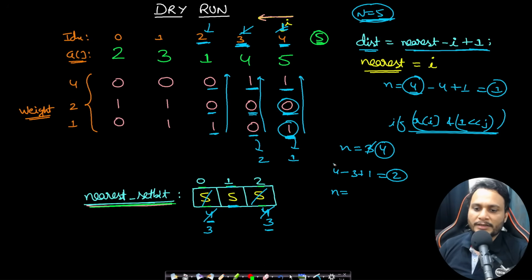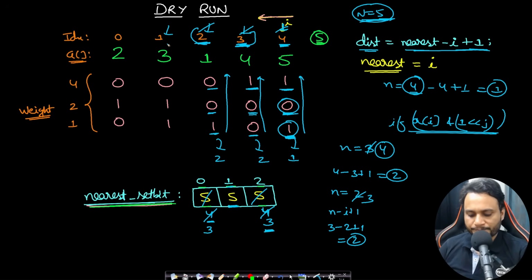So the nearest index that was assigned to 2 now will be assigned to 3 because 3 is larger than 2. And once we are done, then the subarray slice will be n minus i plus 1, which will be 3 minus the current index 2 plus 1, which is size 2. That means if you take a 2 size slice here, then I will be taking the maximum OR value. So the answer here will be 2 again.